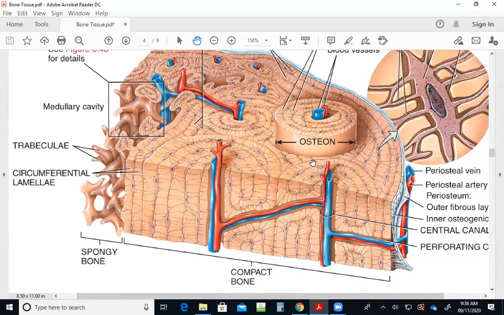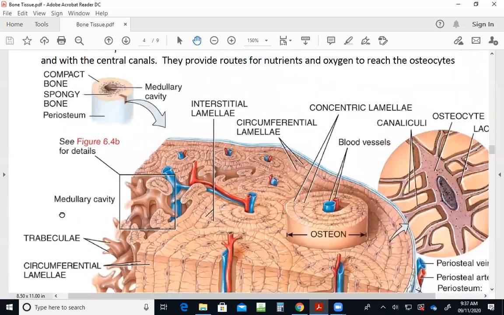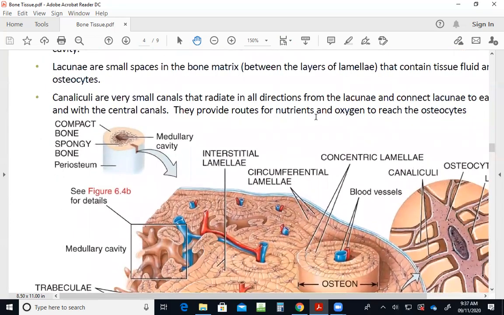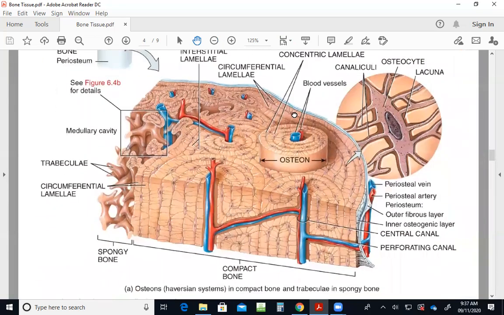The cell that's right here, quite a bit of ways from the blood, needs nutrients just as much as the one that's right next to the blood vessel. So this allows for the nutrients and oxygen to reach the osteocytes and carbon dioxide and other waste to go the opposite direction.